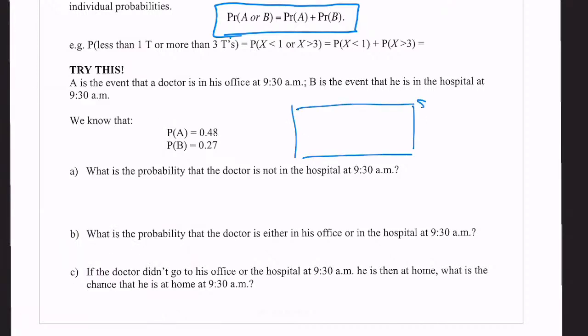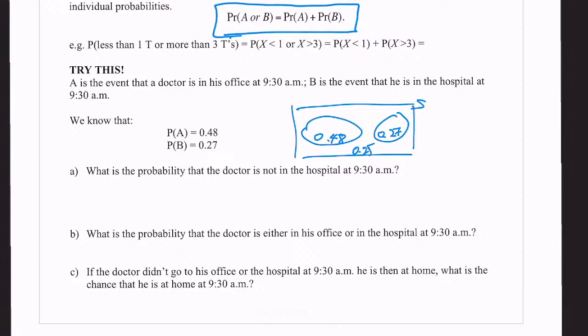This is my sample space S. A is 0.48. B is 0.27. And something else would be 1 minus the sum, or 0.25. So now I can answer the questions.